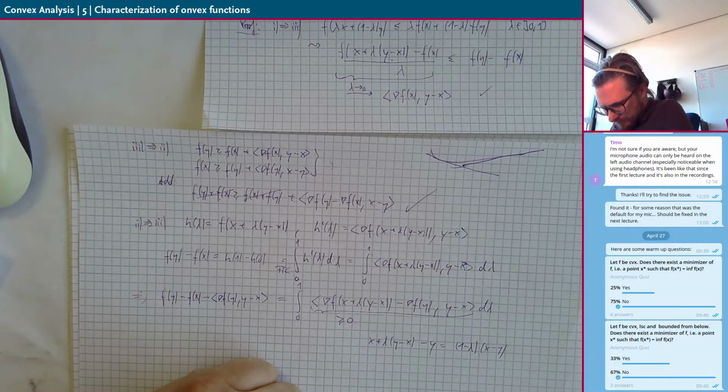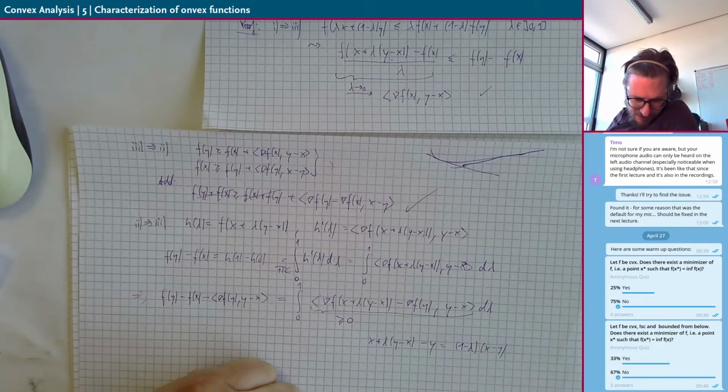Is it the wrong way around? Hey, sheesh, I screwed that up here.